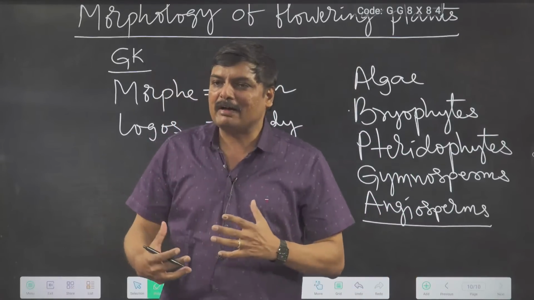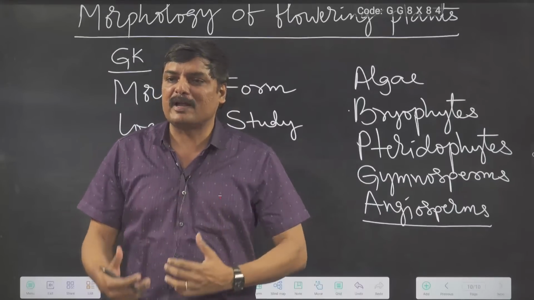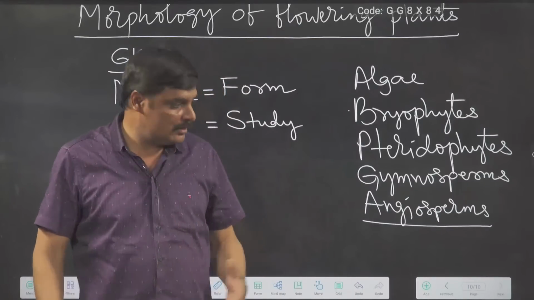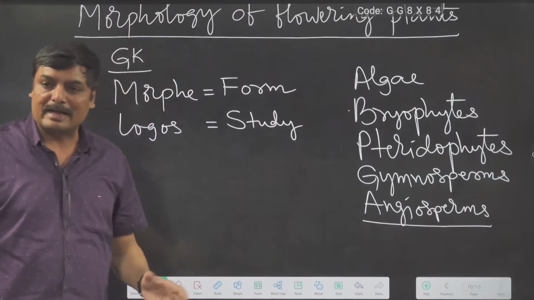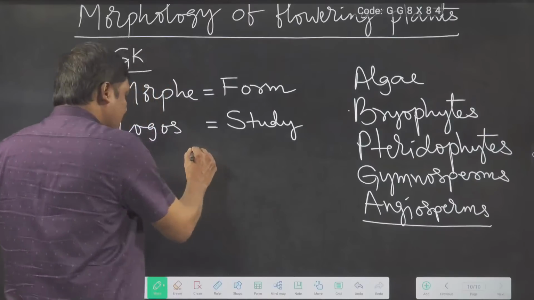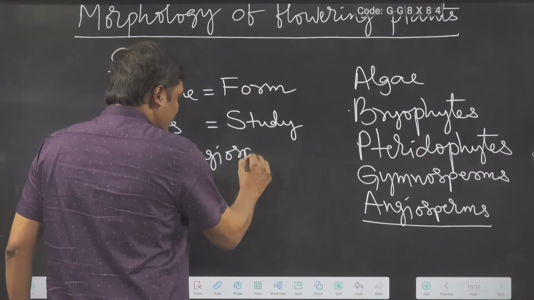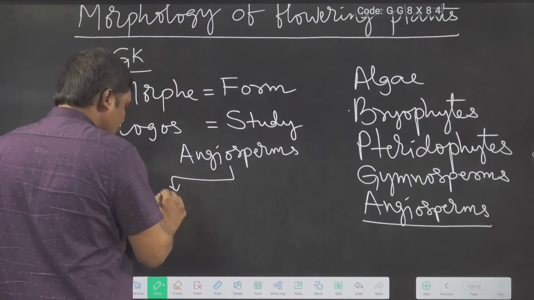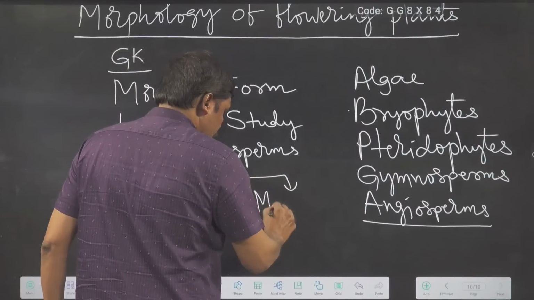We directly or indirectly depend on these plants for food, for clothing, for shelter, all. We cultivate mostly these organisms. Angiosperms are further divided into 2 groups, namely dicots and monocots.